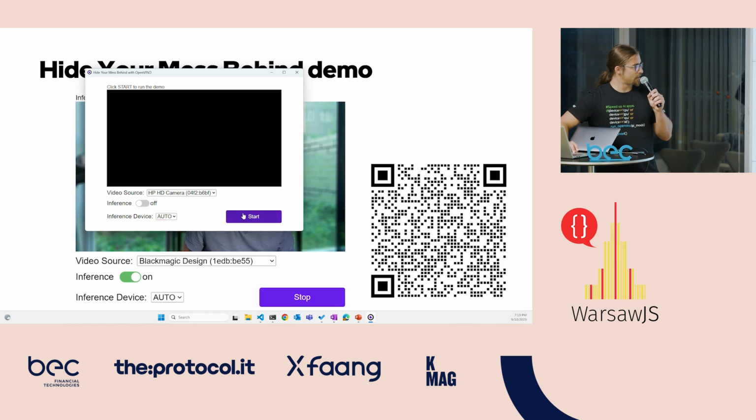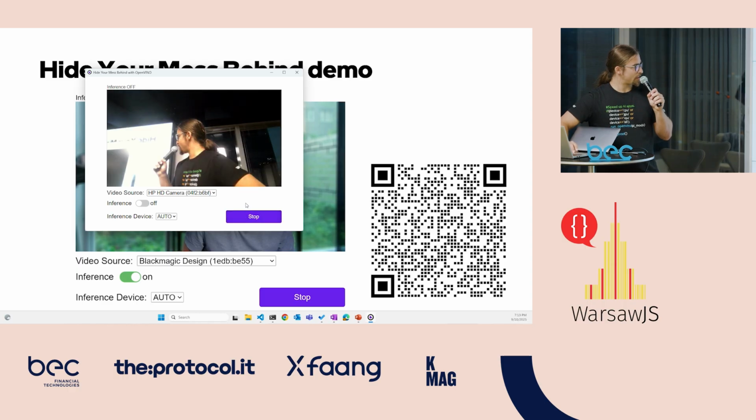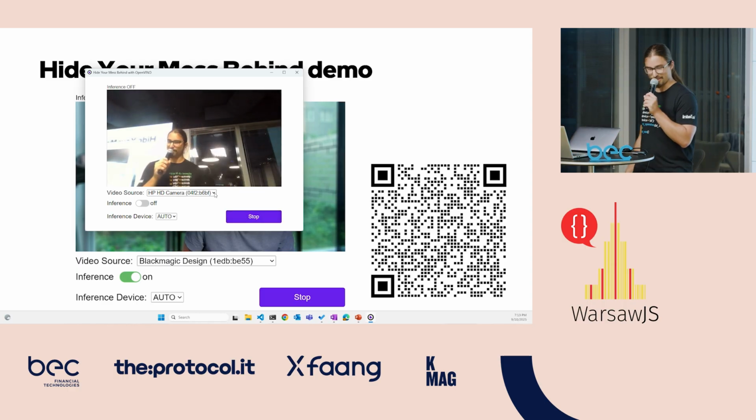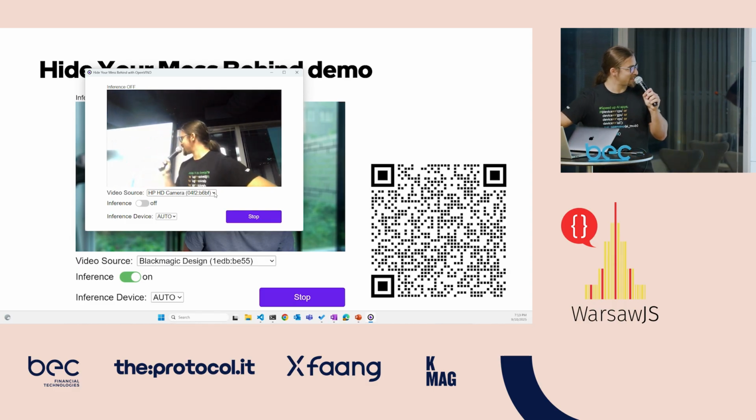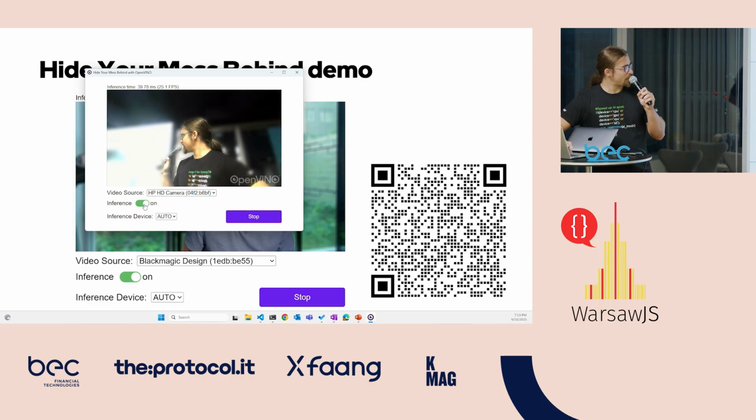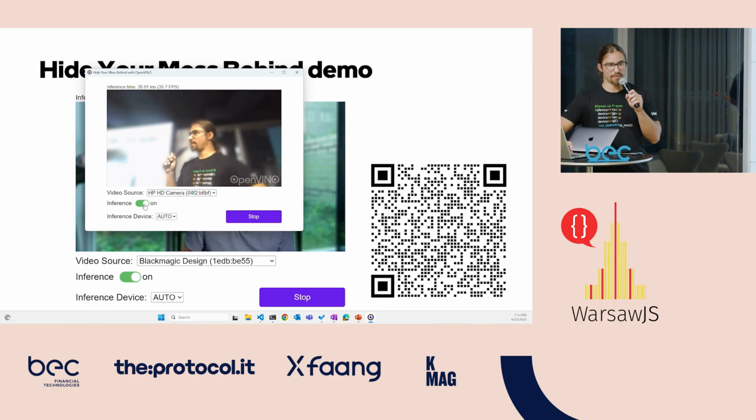And we can start the camera. Okay, so far it works. As you can see, it does nothing specific. But we can turn on the inference. And now the background is blurred. This is the main purpose of this demo.